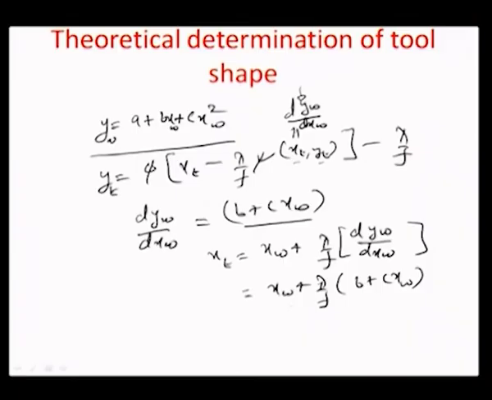So therefore, we can either substitute the value of xw in this equation to find out what this would be in terms of xt standalone.